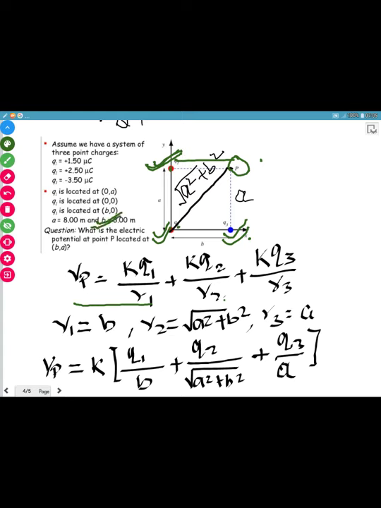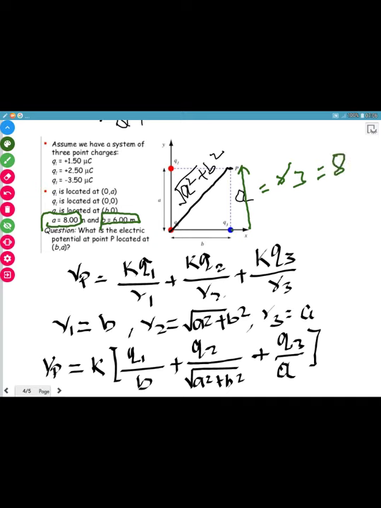In the same way, Q3 is A distance away, and A is given as 8 meter, so R3 is 8.